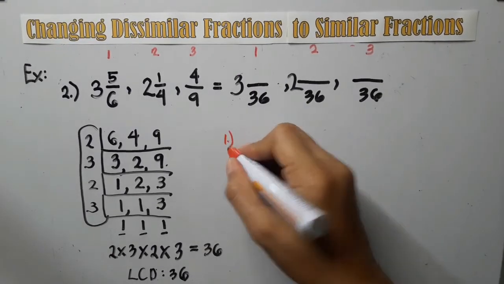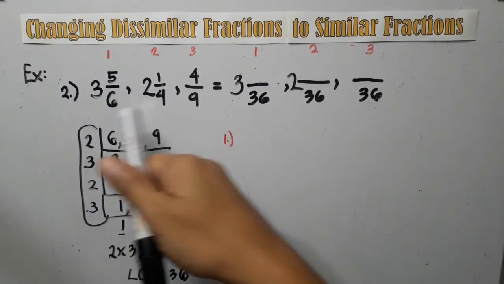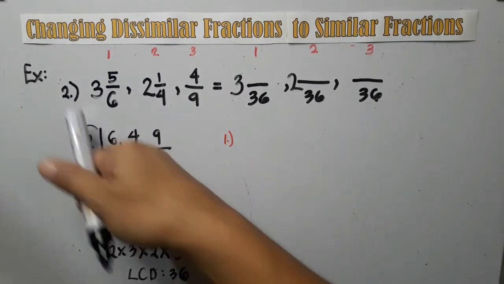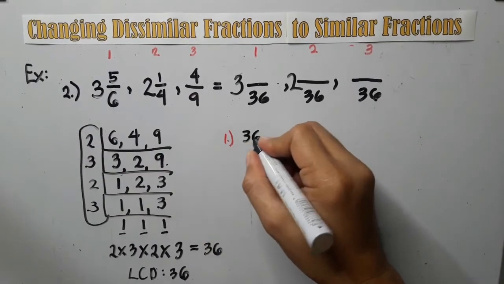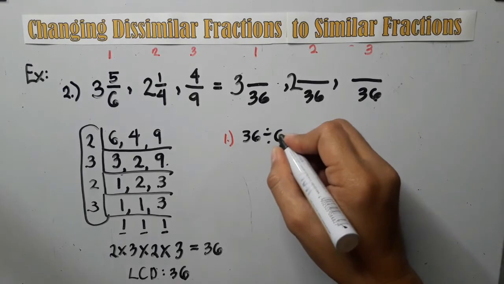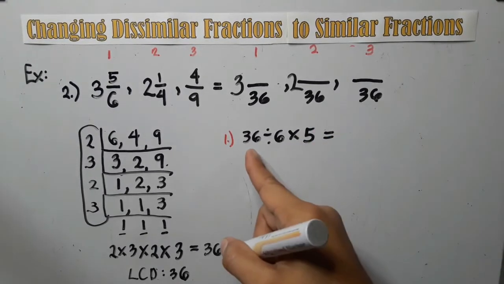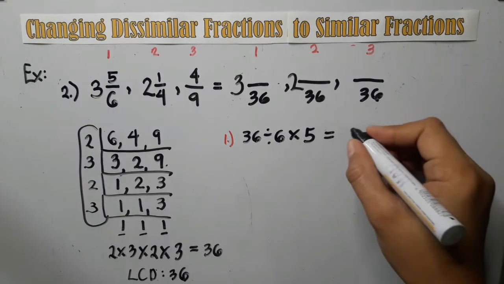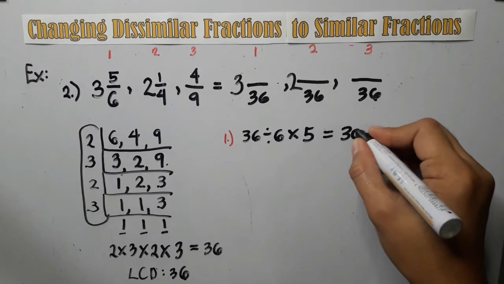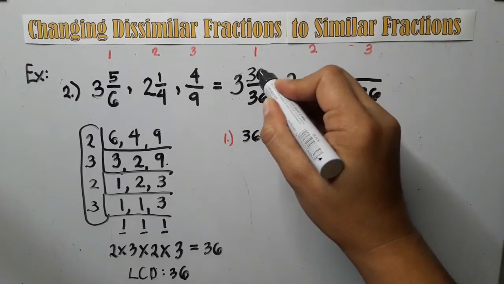So, 36 divided by 6 times 5. 36 divided by 6 is 6. Times 5, the answer is 30. So, therefore, the numerator here is 30.